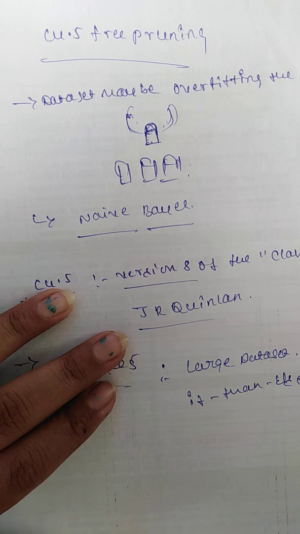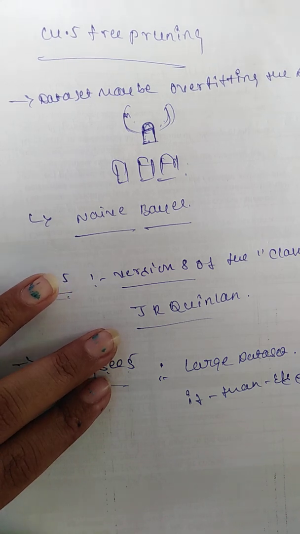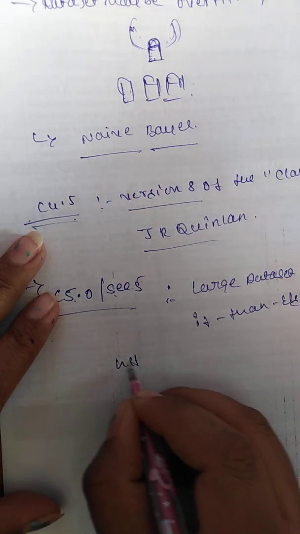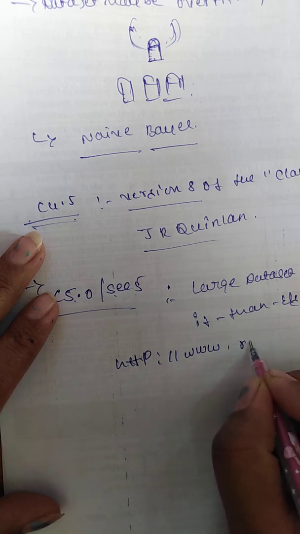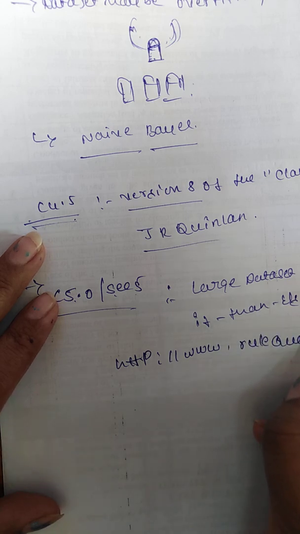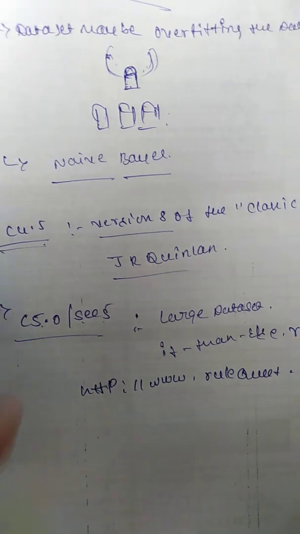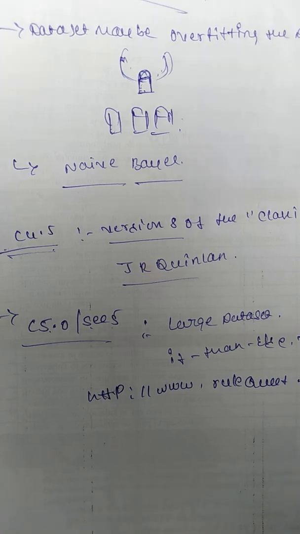C5.0 also includes links to a large number of publications and case studies, where more information is available. It is at www.rulequest.com, on the C5 publications HTML page.